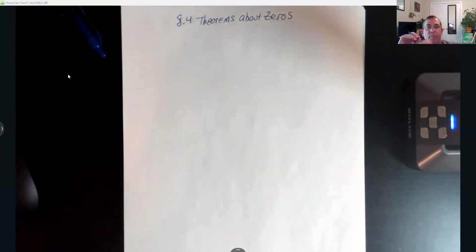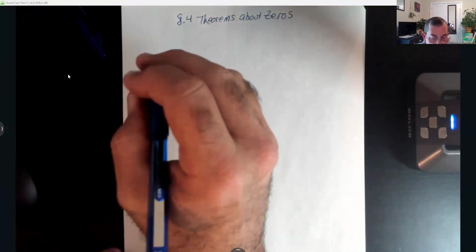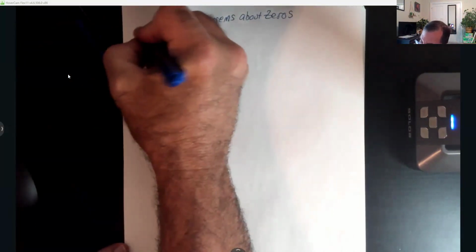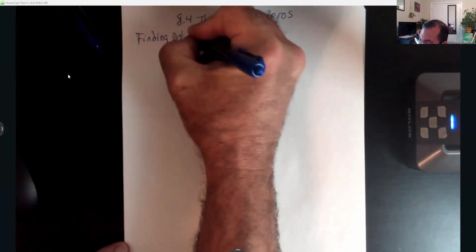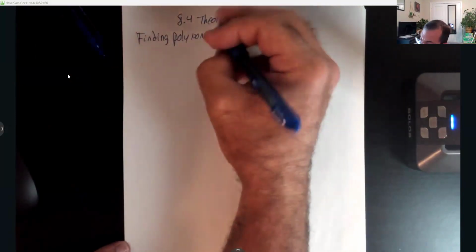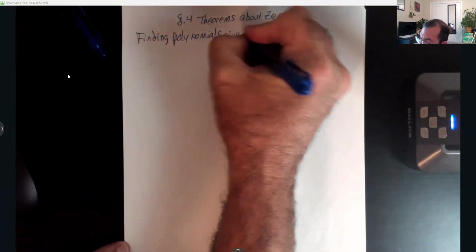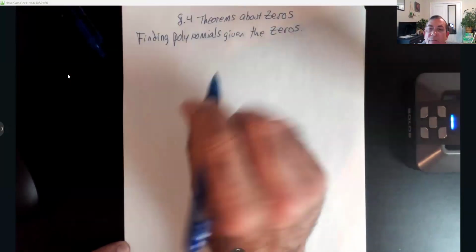But in 8.4, they start out, they want us to find polynomials given the solutions. So we're going to be finding polynomials given the, and we'll technically call these zeros.